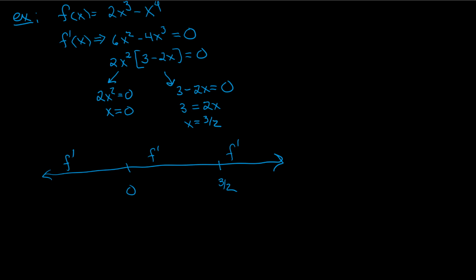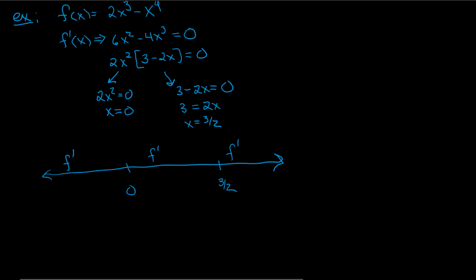To do that, I'm going to do just like I did earlier. I'm going to set up my calculator where y1 is equal to the function 2x cubed minus x to the fourth, and y2 is going to be equal to the derivative 6x squared minus 4x cubed.